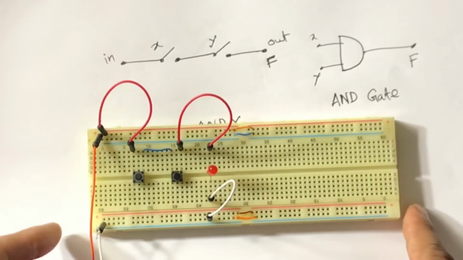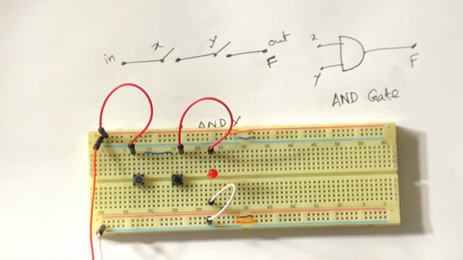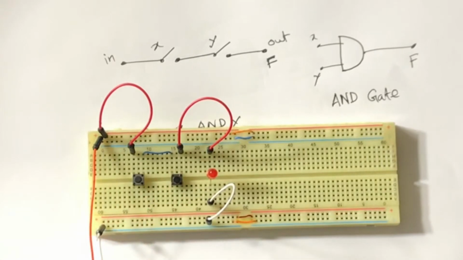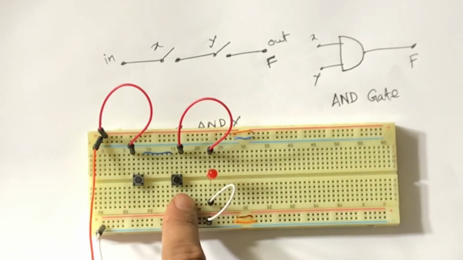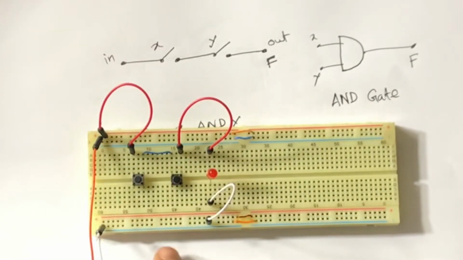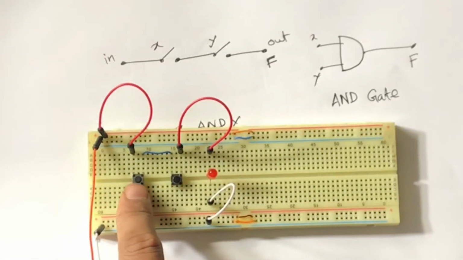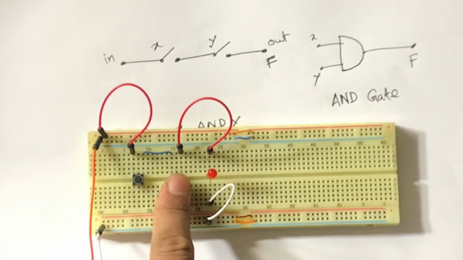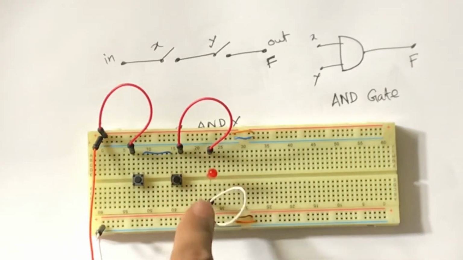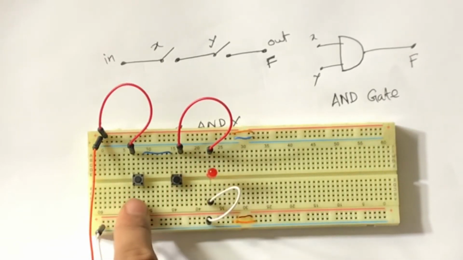Here is the practical AND operation. Like this switch and this switch are connected in series according to this diagram, and I can say this is X and this is Y, and I will get the output from this LED.